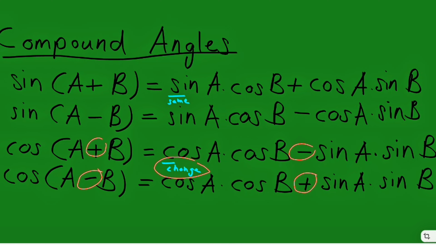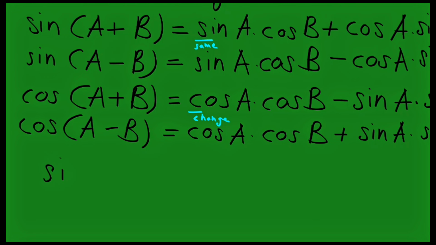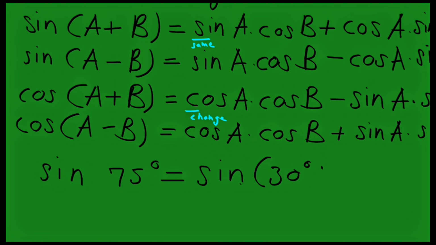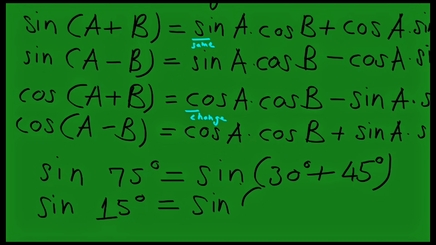Let's just say you have a number like 75. Sine 75 degrees can be compounded to sine 30 degrees plus 45 degrees. Sine 15 can be compounded to 45 degrees minus 30.